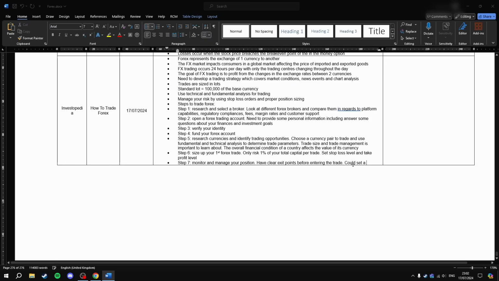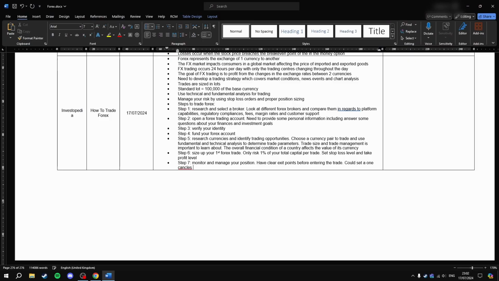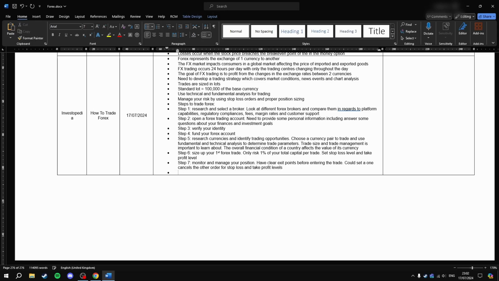You could set a one cancels the other order for stop loss and take profit levels.